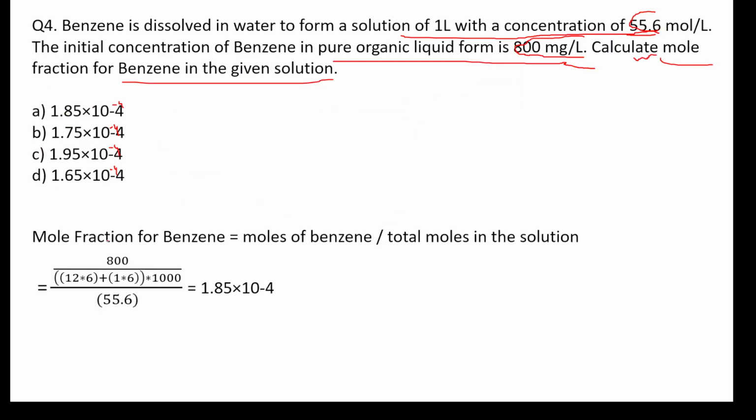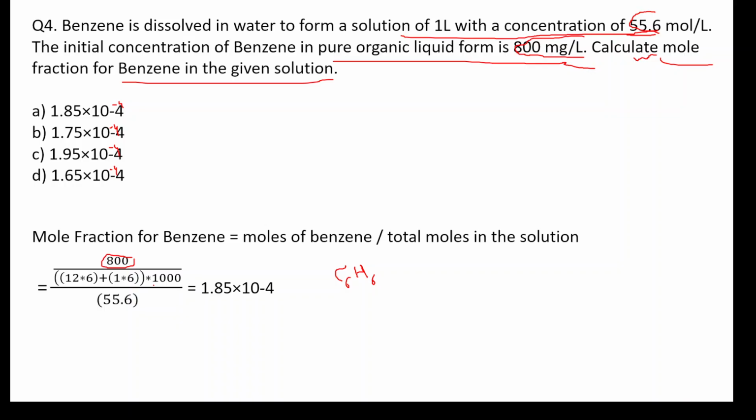As we told earlier, mass divided by molar mass. So similar thing we did. 800 was the mass, divided by molecular mass. Benzene is what? C6H6, right? This is the formula of benzene. So carbon 12 into 6 plus hydrogen into 6.